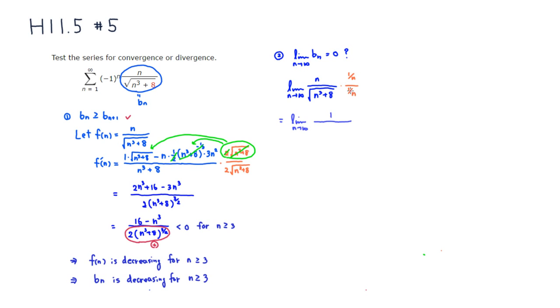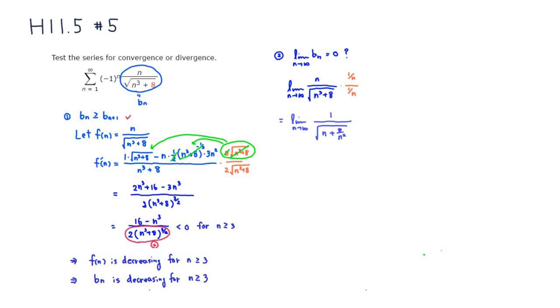If you put 1 over n inside that square root, it becomes 1 over n squared. So you have the square root of n cubed divided by n squared, which is n, and then 8 divided by n squared.